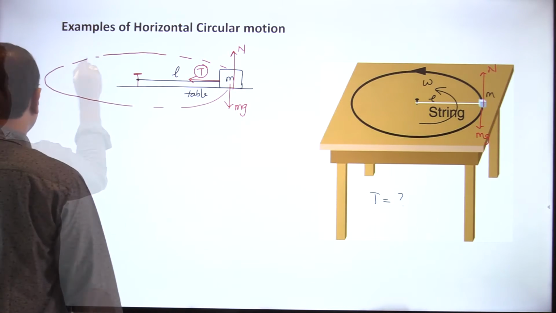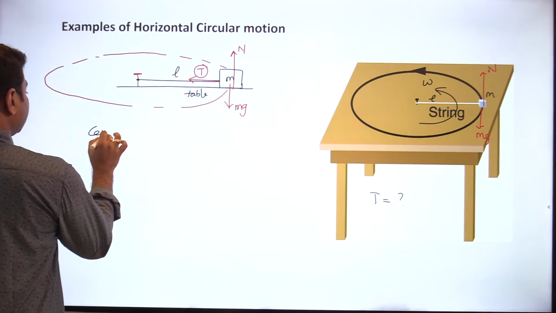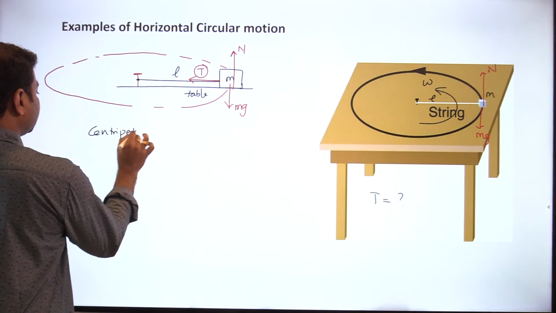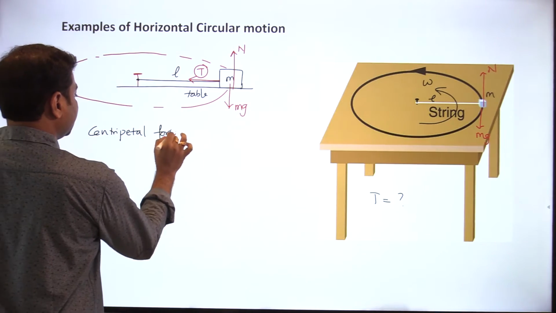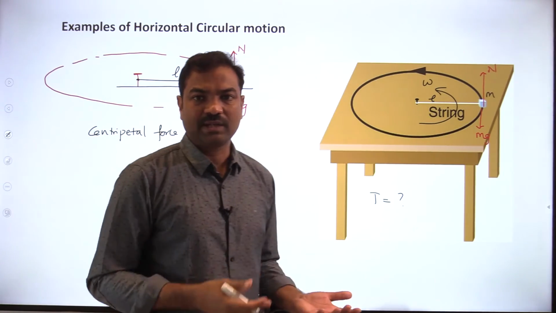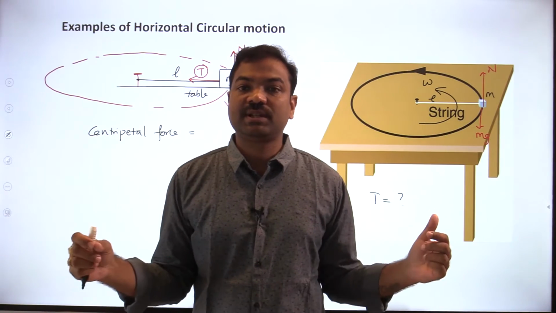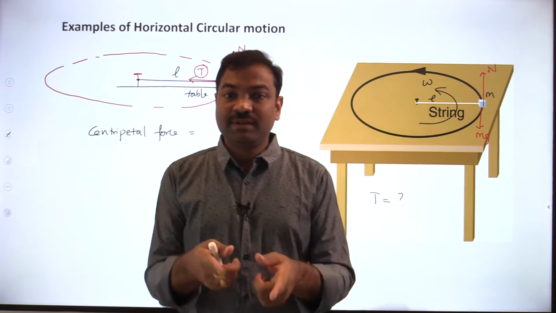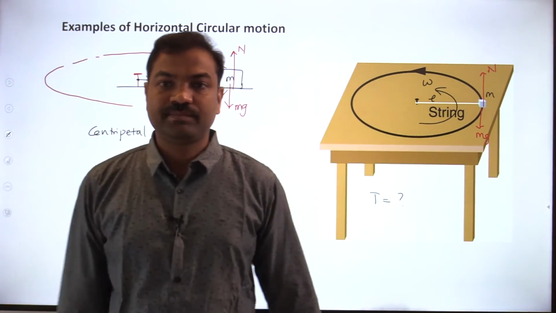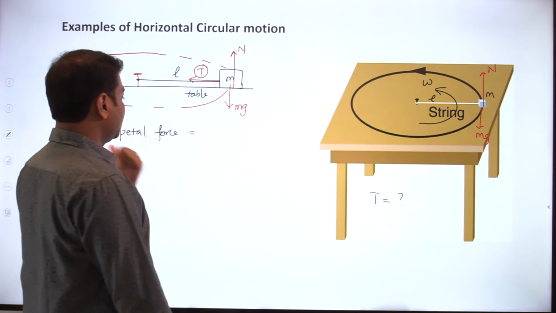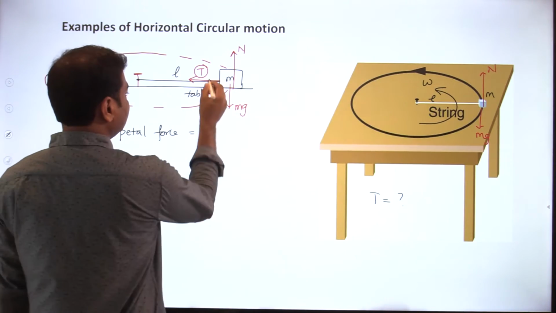Then what is the centripetal force? See, centripetal force is not a separate force. Centripetal force is nothing but the net of the forces, or components of forces, acting towards or away from the center. They will decide what the centripetal force is. That is the meaning. So the centripetal force is equal to what?